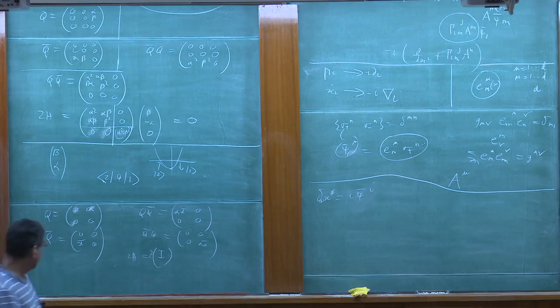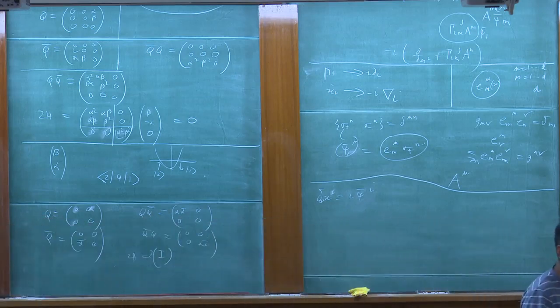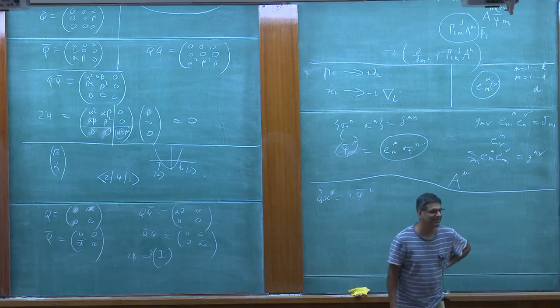Okay, now given this, what would your guess be for the supersymmetry generator? X dot psi. Very good. Except not quite x dot.